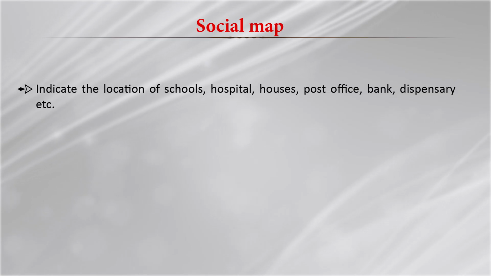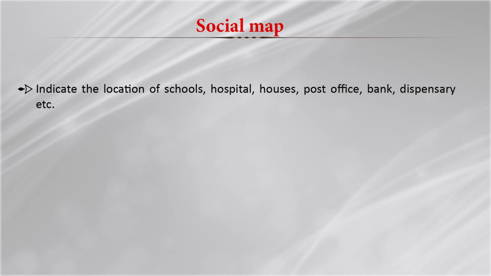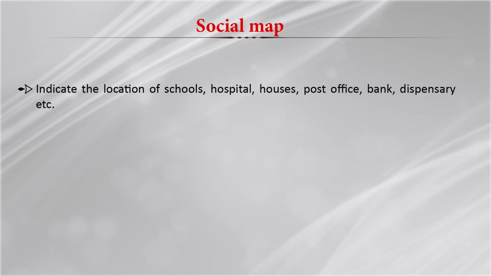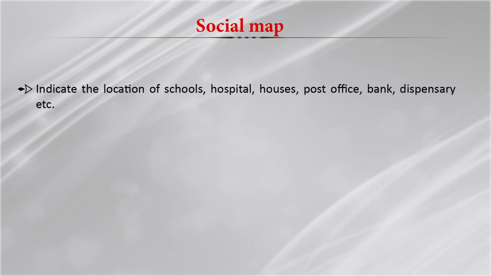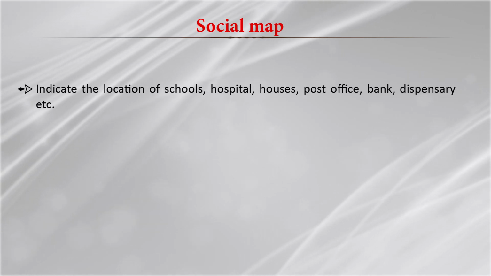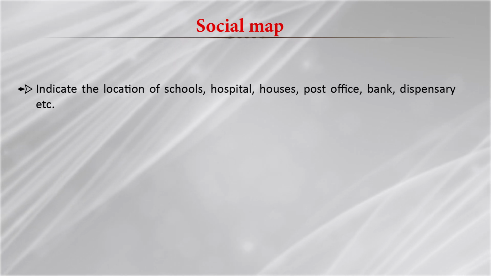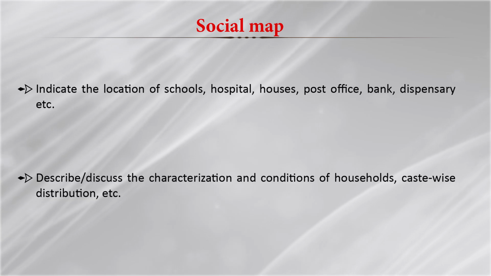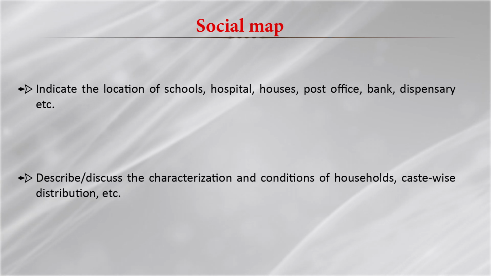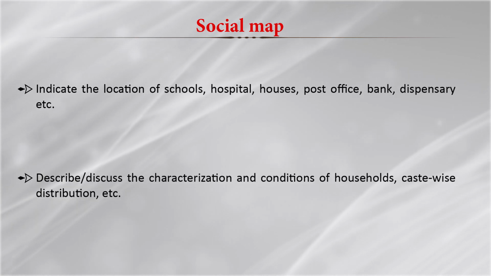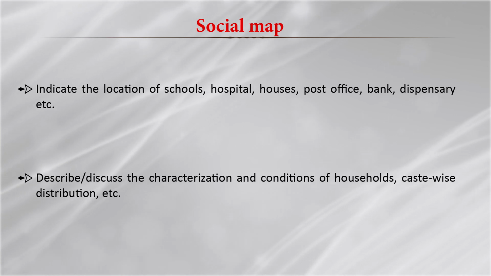Another aspect of village mapping is the social map, which is also prepared. It indicates the location of the schools, hospital, houses, post office, bank and dispensary, whatever social structures and social institutions are available in the area. It describes and discusses the characterization of the condition of the households, also the caste-wise distribution.